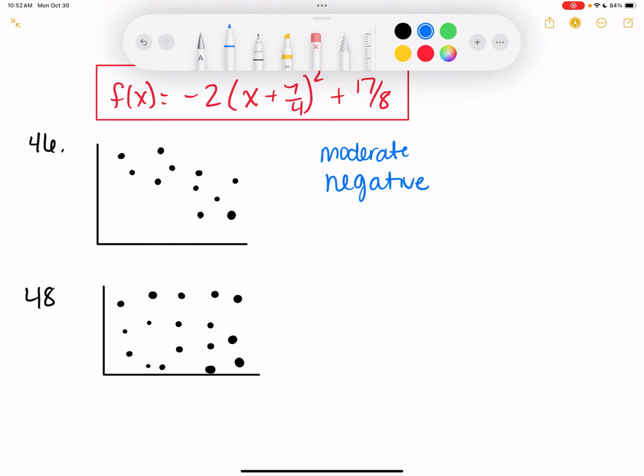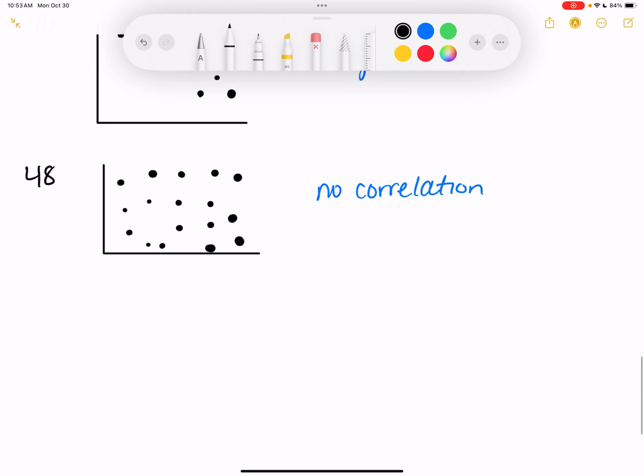Because these are all over the place, I'm going to say no correlation. A weak one would look something a little more like still having a pattern but being really spread out. Like that, you can still make out that it's going in a negative direction, but they're really spread out. That's where I would classify it as weak.